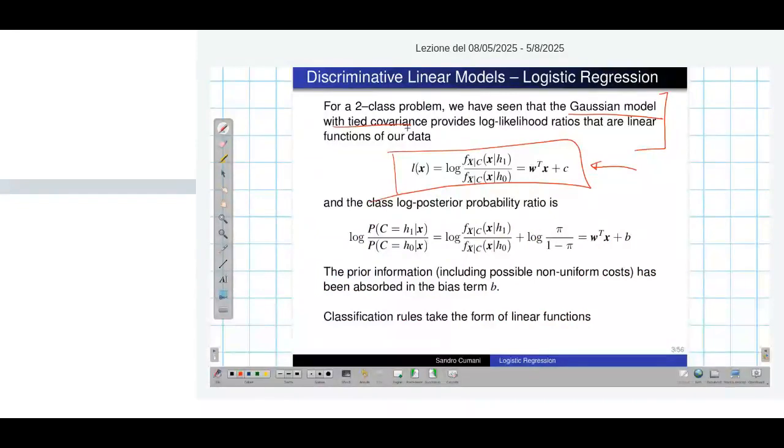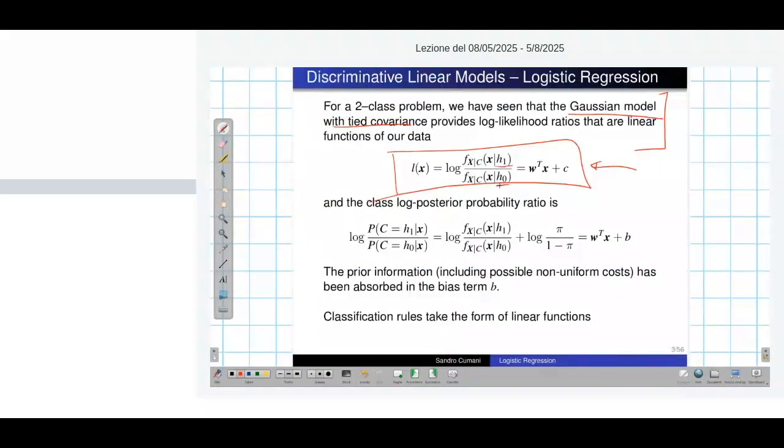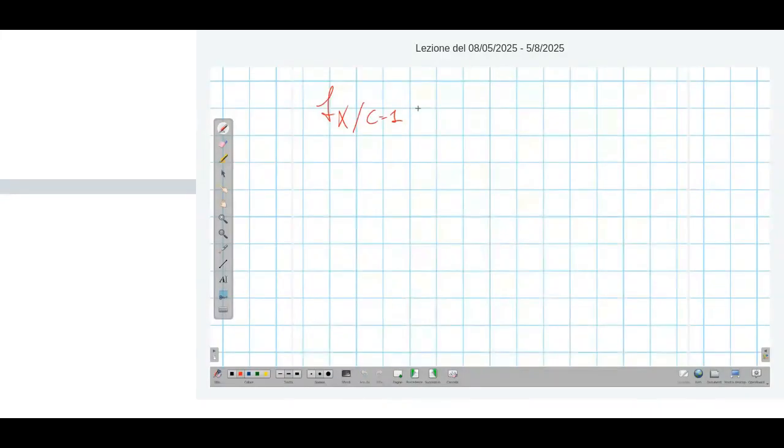The tied Gaussian model, we recall that it's a model where the class conditional, and now let's just use the same notation of the slide, H1 and H0. So the class conditional distribution for H1, the first hypothesis, so we have two classes, H1 and H0, if you want to call them female and male, or whatever else, or true and false, or 1 and 0.